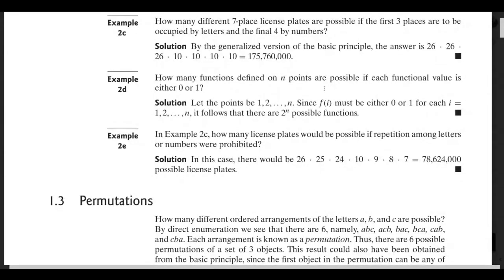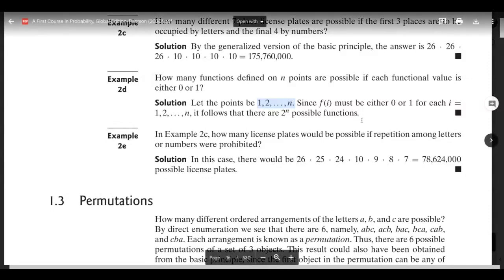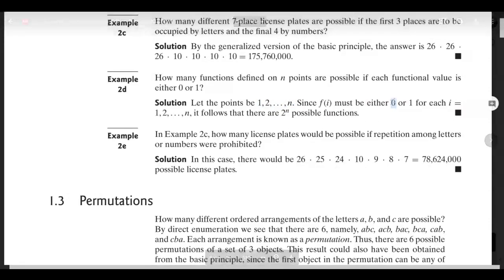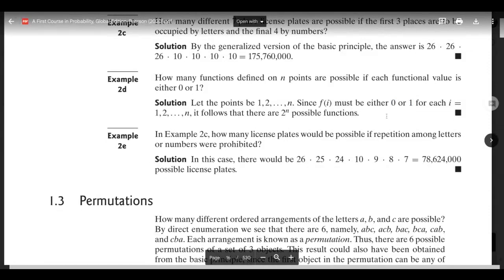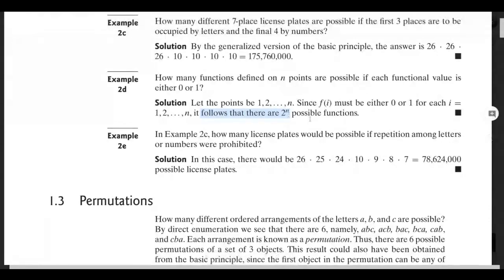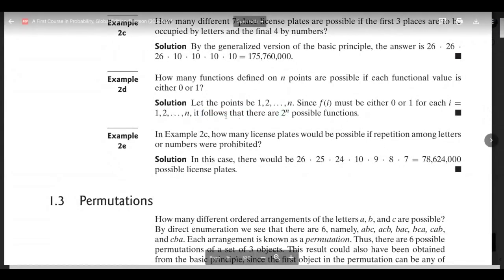Counting principle, right? The domain has n points, but the range has 2, 0 and 1. So we have 2 raised to the n possible functions, because the range has 2 and the domain has n.